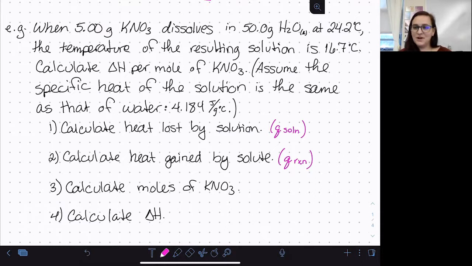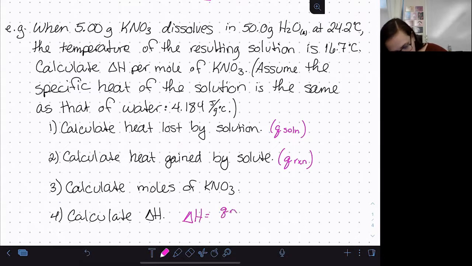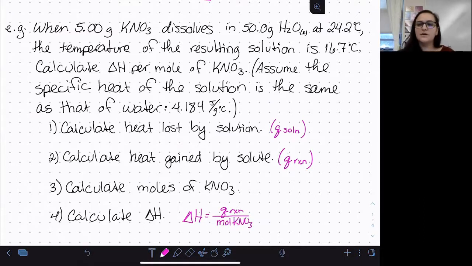Those two things are equal and opposite, so we're just changing the sign. Calculating moles of potassium nitrate is just using the molar mass and the mass that we were given. And then delta H is just the heat transfer of the reaction divided by the moles of KNO3 that we just found.